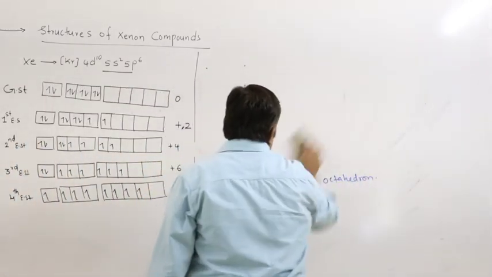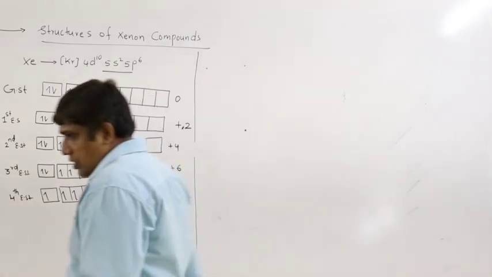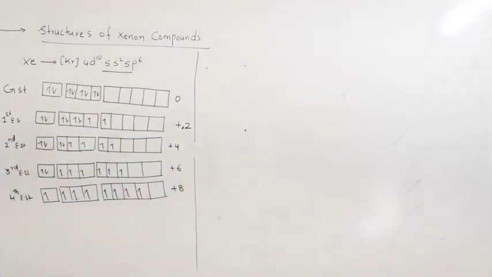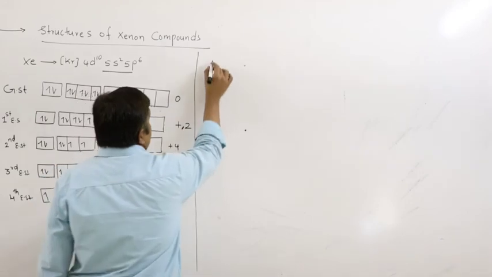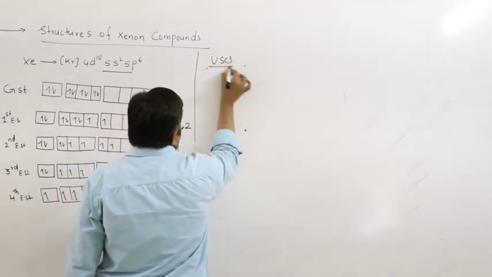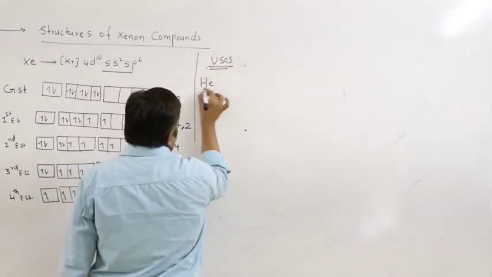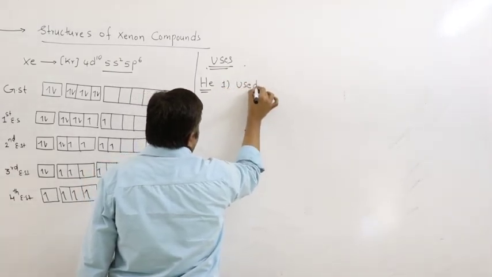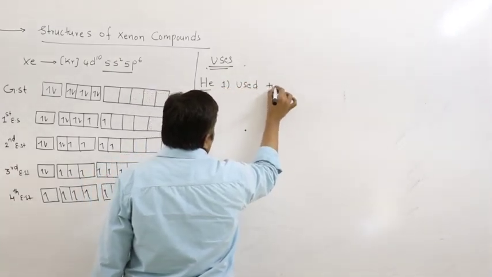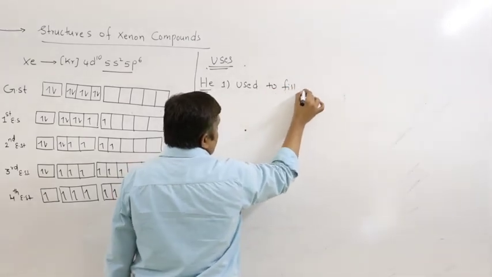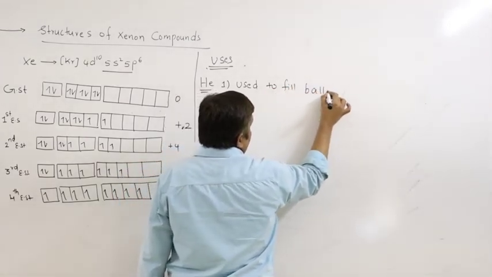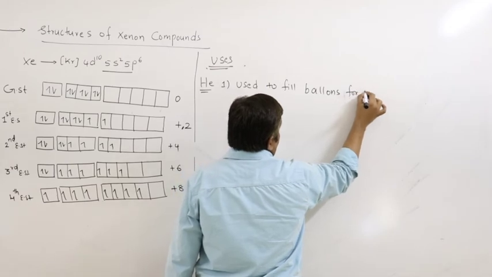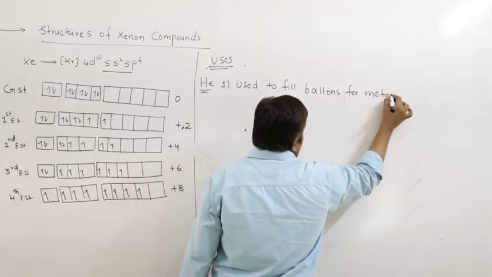So let us study the uses of zero group elements. Helium is used to fill balloons for meteorological observation.